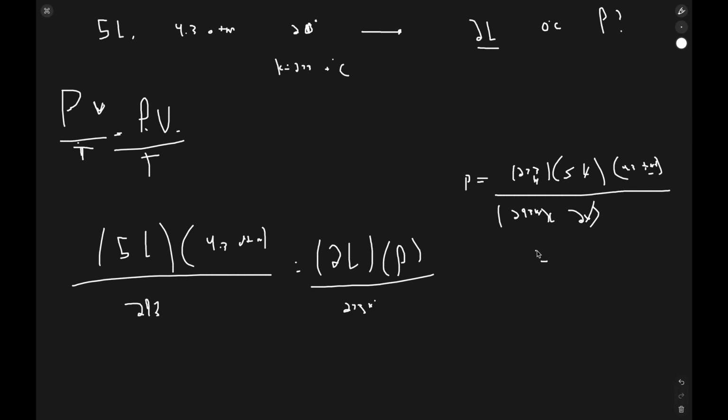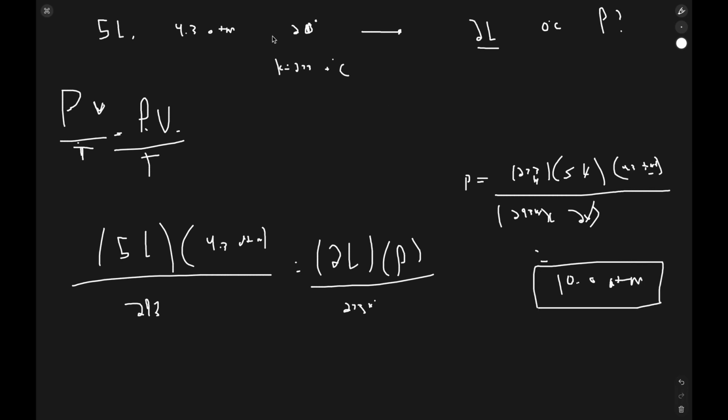If we put that into the calculator, 273 times 5 times 4.3, all divided by 293 times 2, we get 10.01, so with sig figs, 10.0, 10 atmosphere, and that's our answer.